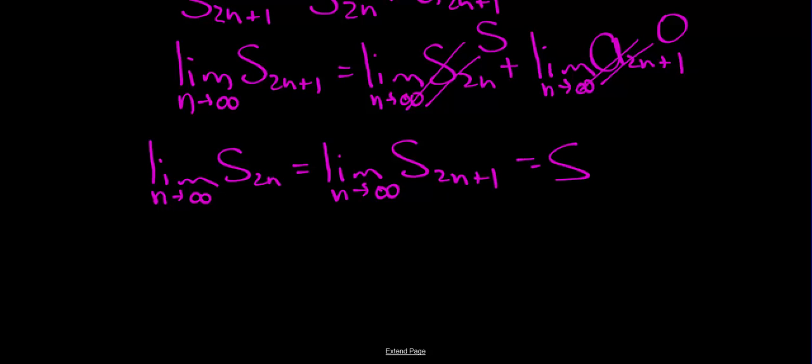They both equal S. So we can say the limit as n goes to infinity of Sn is S. In other words, what we've shown is that if the conditions for the alternating series are met, we have an alternating series, each term is decreasing, getting smaller and smaller, and if the nth term test condition is satisfied, then we can say the series converges.